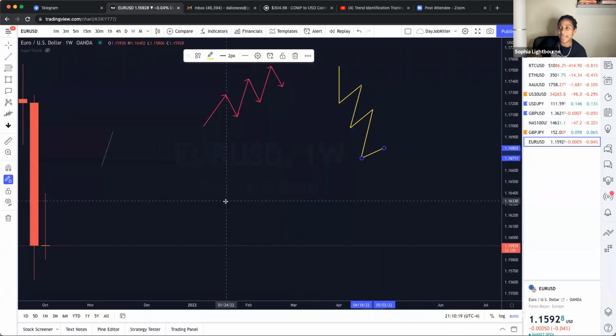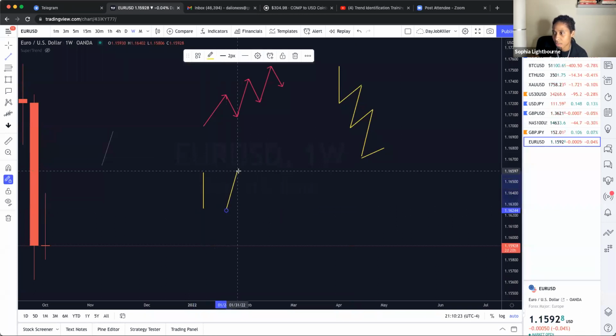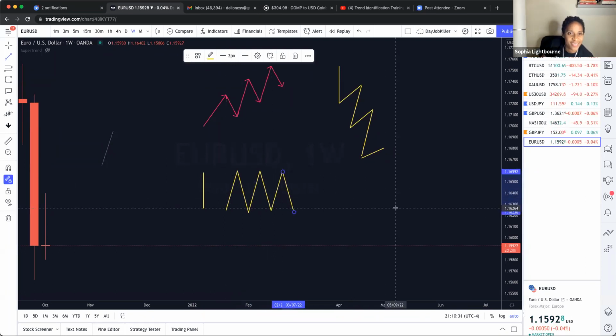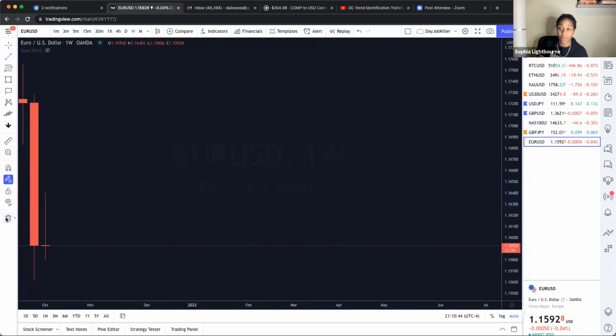Okay, downtrend. And if the market is going like this, what direction is this? Sideways, yes. So guys, if you're new, the market goes in an uptrend, a downtrend, or it moves sideways. That's the first thing you've got to know. Those are the three ways that the market moves.